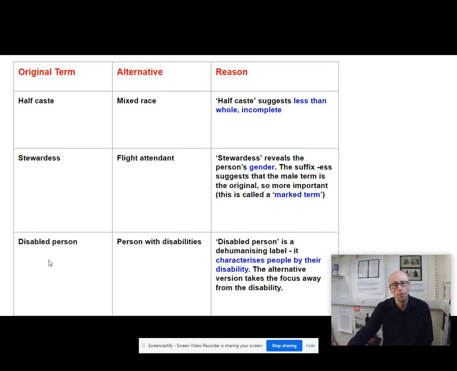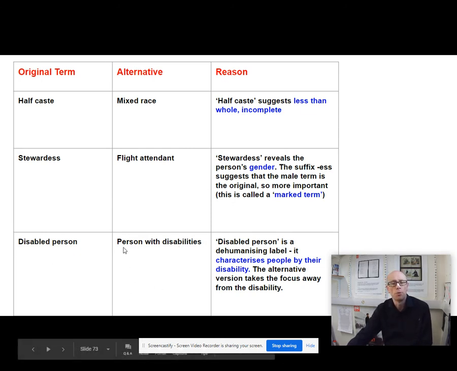And here's a third example. So some people have objected to the phrase disabled person, and they've wanted to change that to something like person with disabilities. Now you might say, oh, well, the difference between the two is quite negligible because it's a similar word that's being used, but they would argue, well, it's different because you're actually taking the focus away from the adjective disabled by putting it at the back end of the phrase, and you're putting more the focus on the person itself.